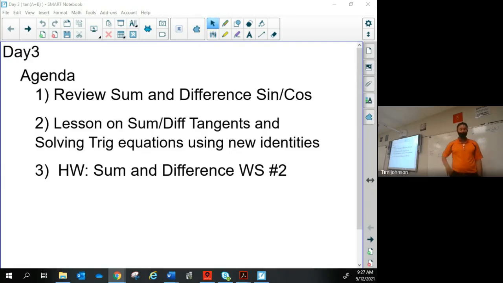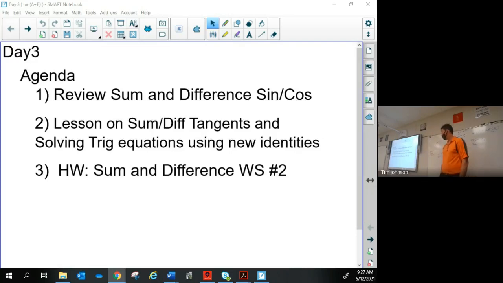Okay, but I am going to review a little bit with you some sine and cosine sum and difference rules, and then I get to teach the wonderful sum and difference of tangent rules, and then show you how we're going to apply all these identities. We're going to apply them with solving equations. So yes, we go back to that same thing that we did a couple of units back when we did the arc functions solving.